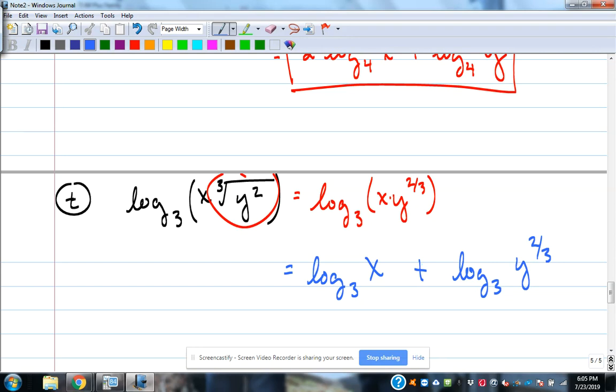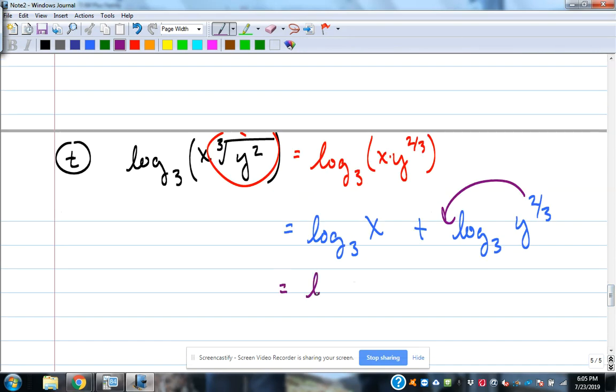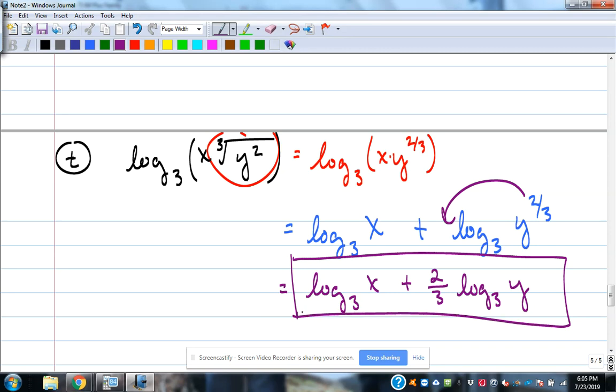Okay. Then I look at each individual piece and say, can I do anything else with that? So this x doesn't have an exponent, so I can't do anything to that. This y has an exponent. I can take it and drop it in the front to that power rule. I have log base 3 of x plus 2/3 log base 3 of y. And there we've expanded that logarithm as far as it will go.